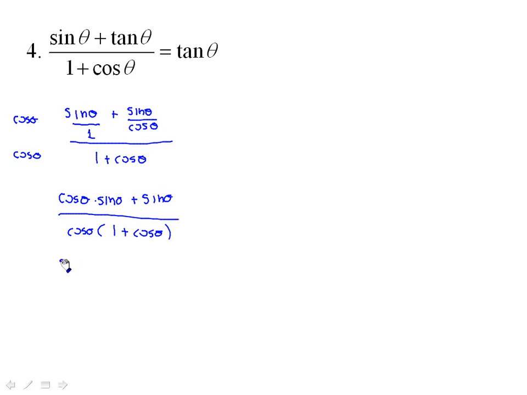Now when I factor out a sine theta on top, I'll get cos theta plus 1. And then on the bottom, I've got cos theta times 1 plus cos theta. And when we divide these out, we get sine over cos, which is equal to tan.